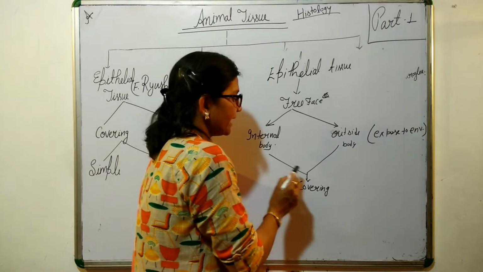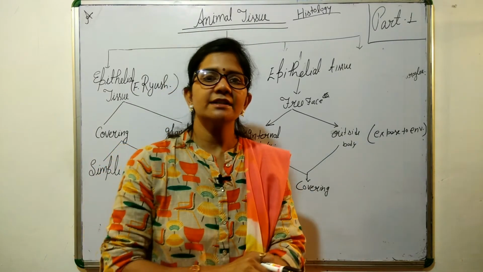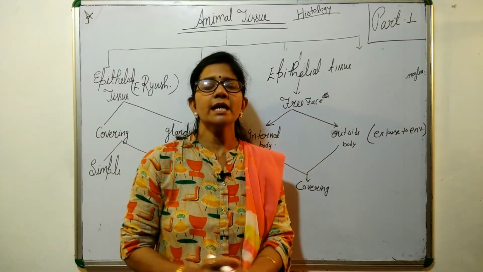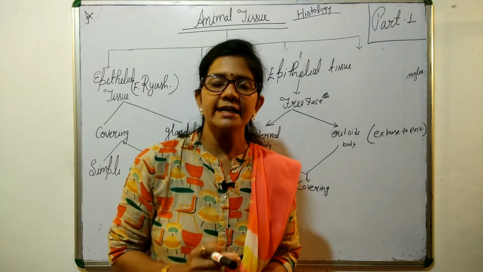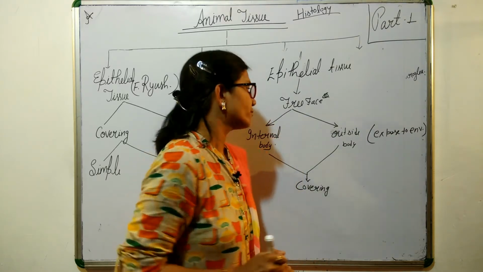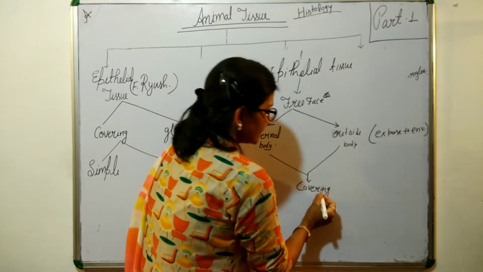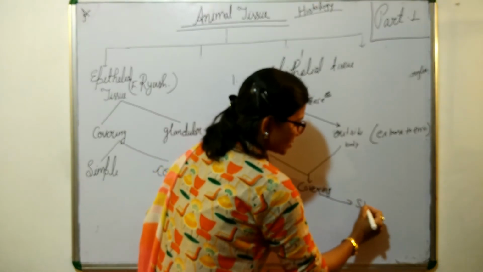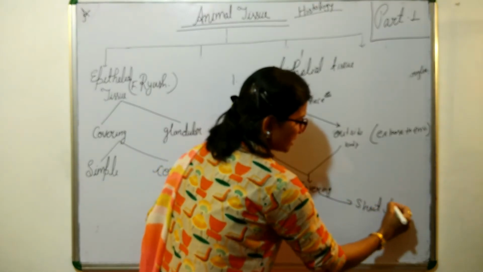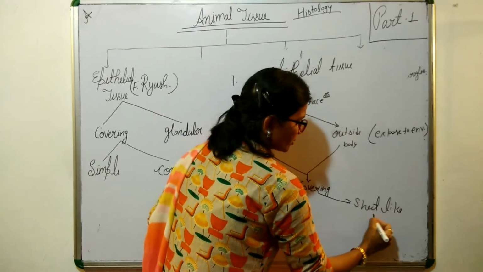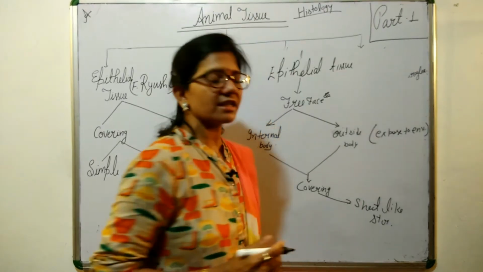So they either cover the outer part of the body or they cover the internal organs of the body. So this was the first thing. Being covering, they are a sheet-like structure. And why is this structure important?